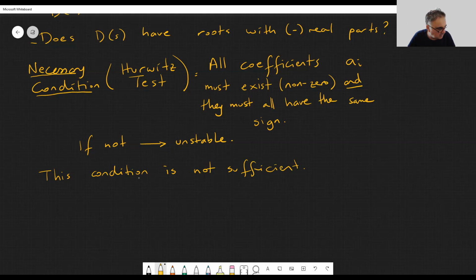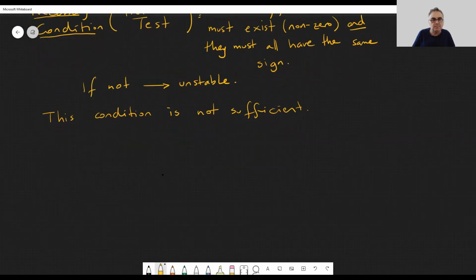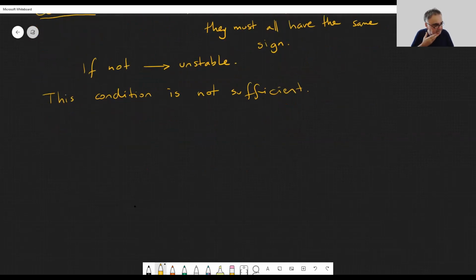Let me give you an example. For example, if d of s is, let's say, 3s to the 4 plus s cubed plus 4s squared plus 5.